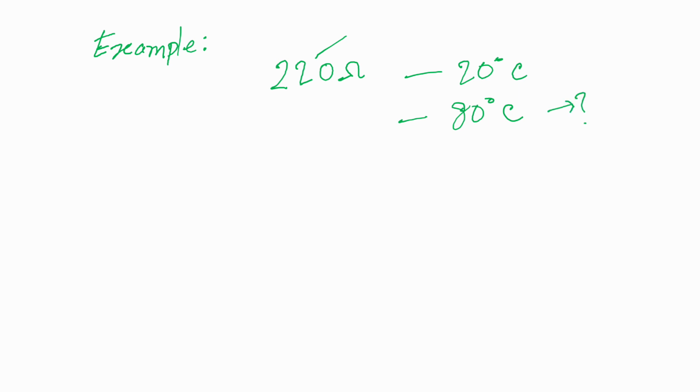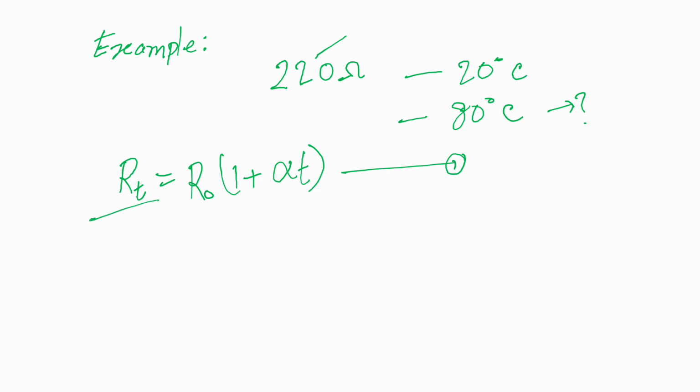We can easily find the change using this equation 1. First we have to find the resistance at 0 degrees Celsius, which will be R0 equals RT divided by (1 plus alpha T).